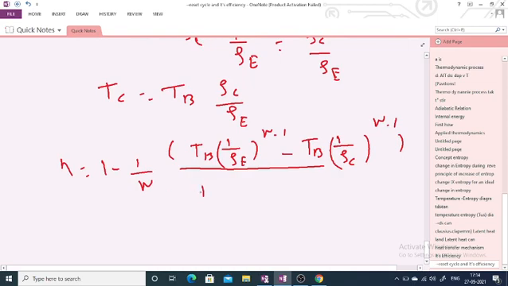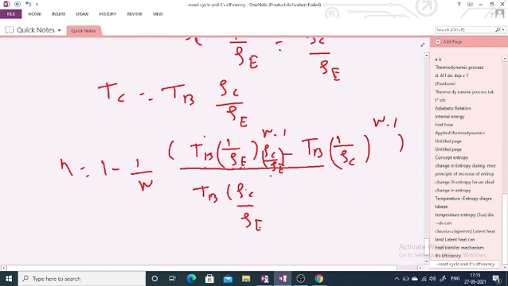Tc is equal to Tb rho C upon rho E, the remaining term. It should be remembered here because we can replace the Tc. So Tc is equal to Tb into rho C upon rho E. This is over the earlier term 1 upon rho E raised to gamma minus 1. It should be kept in your mind.